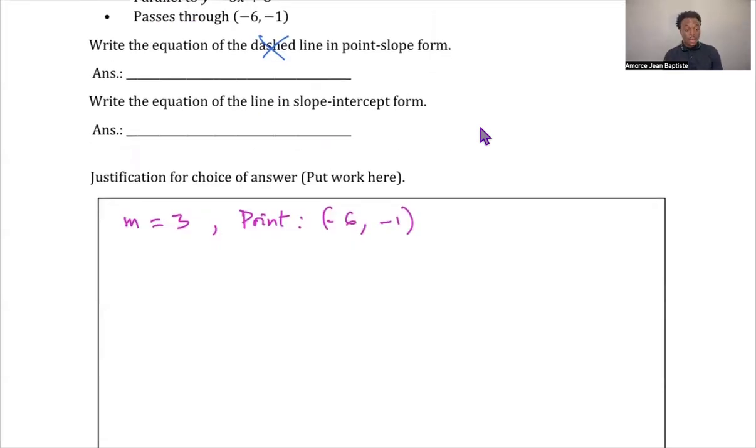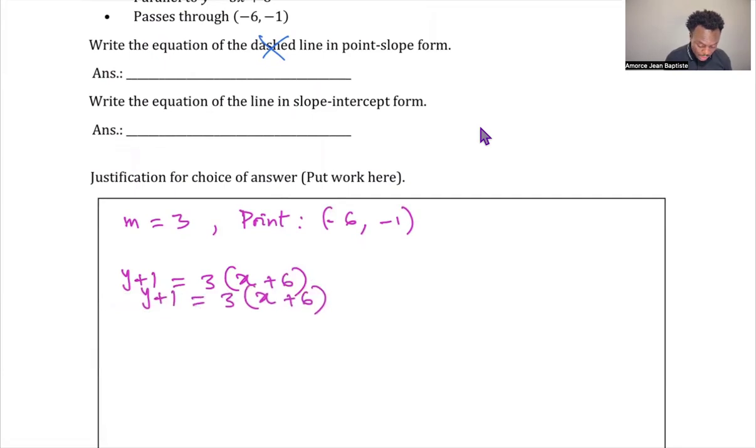Now, let's go with the point slope form. Y minus negative 1, so plus 1, equals 3 times x minus negative 6, so plus 6. So that's a point slope form. Easy and quick, because you have your slope, you have your point. There's not a lot of things that you need to do in order to find this answer.